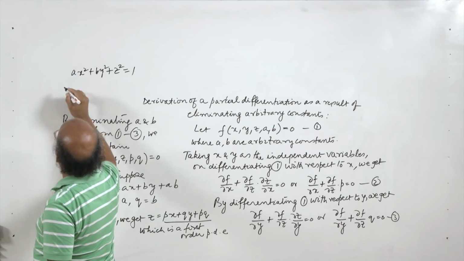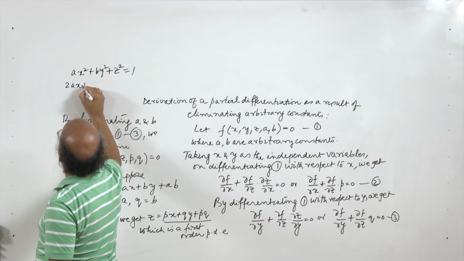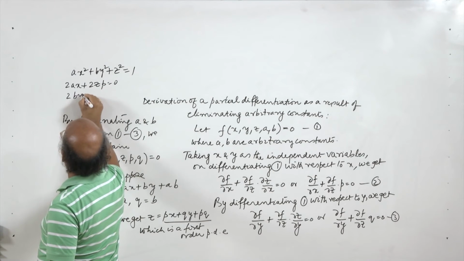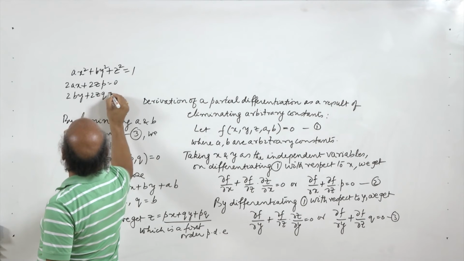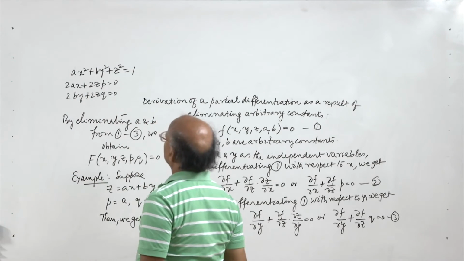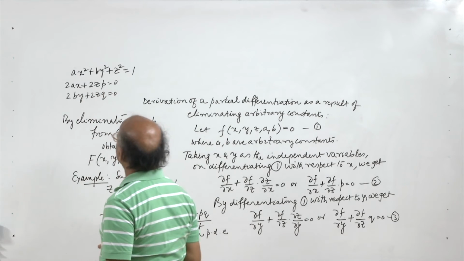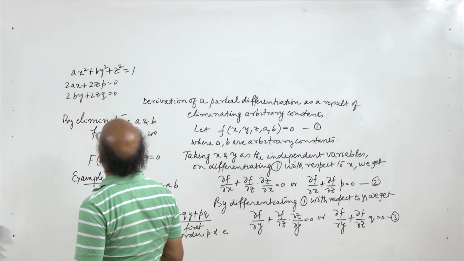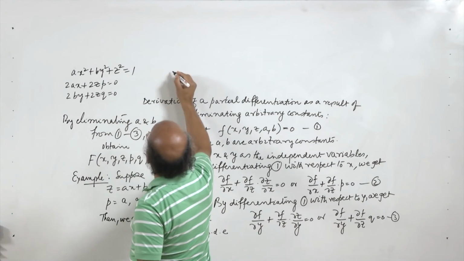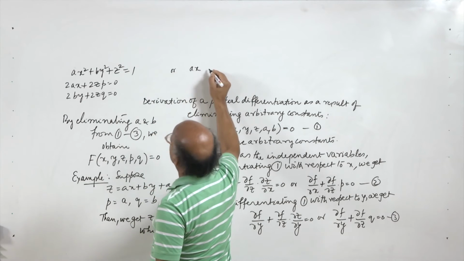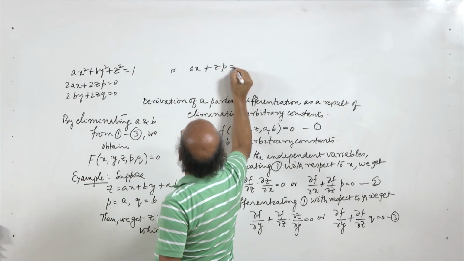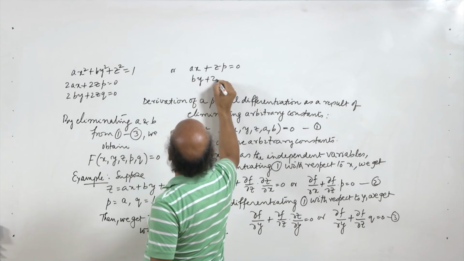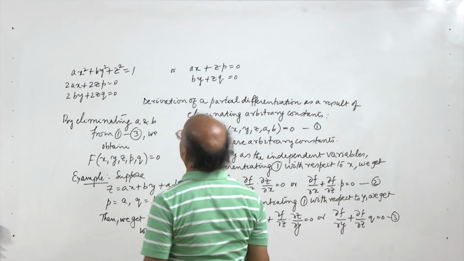When we differentiate this with respect to x, we arrive at 2ax plus 2zp equal to 0, and when we differentiate it with respect to y, we get 2by plus 2zq equal to 0. So we get ax plus zp equal to 0 and by plus zq equal to 0.